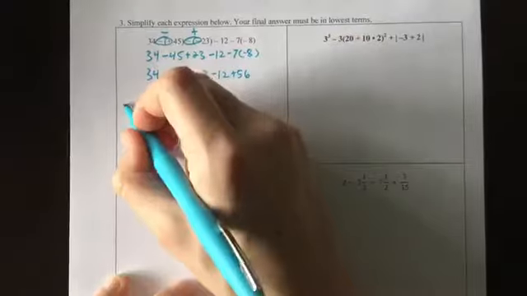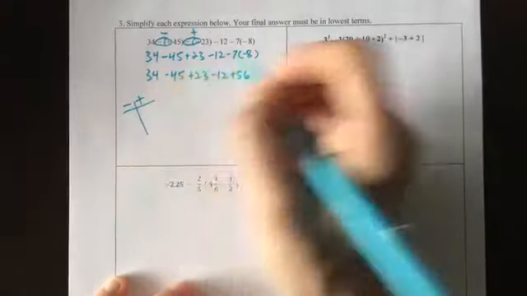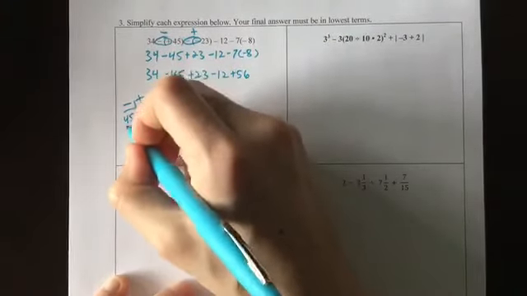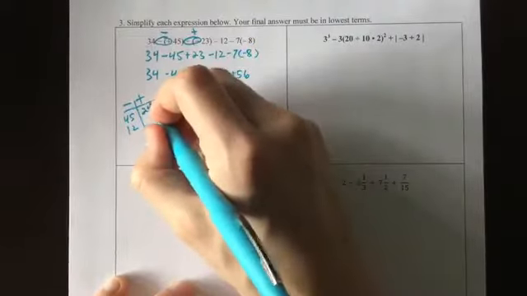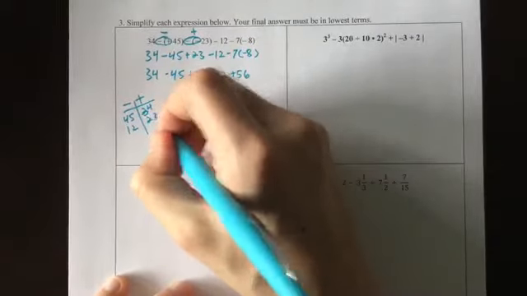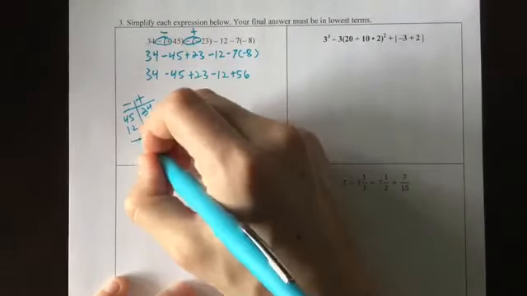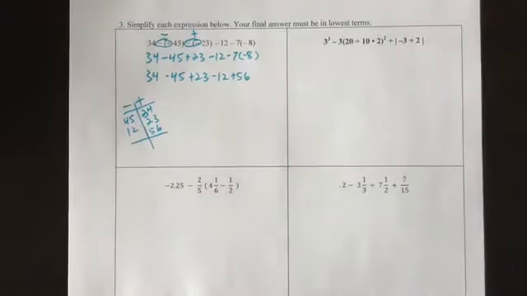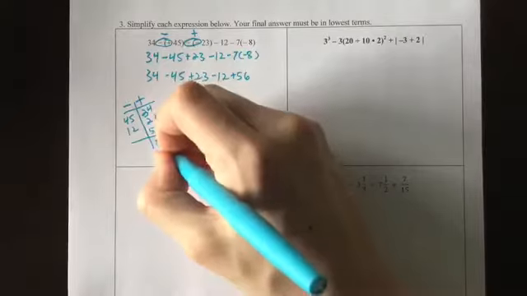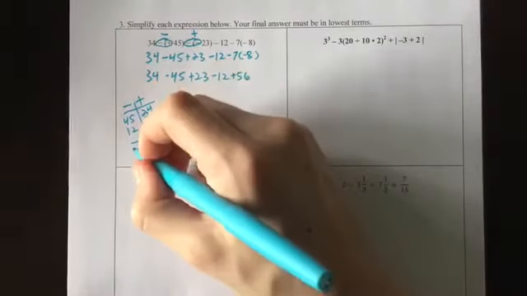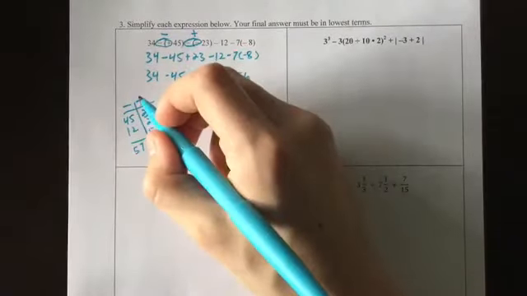So now we can go over, use our team game to organize everything. So negatives are 45 and 12, positives 34, 23, and 56. So we'll add all of those up, which gives us 113 for the positives and 57 for the negatives.